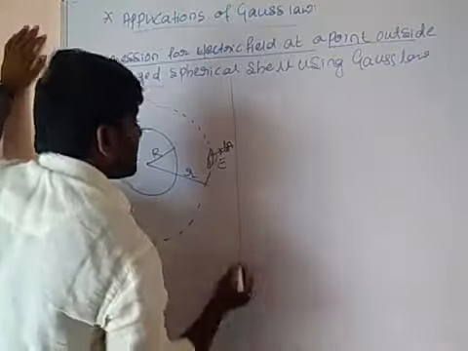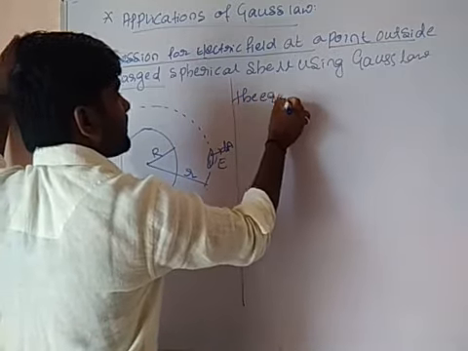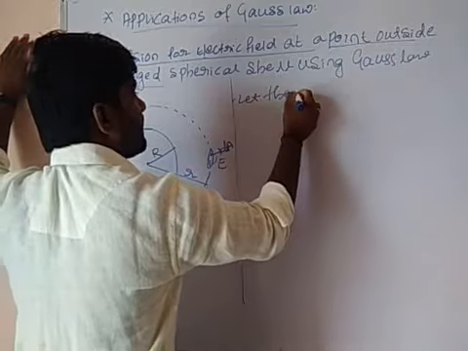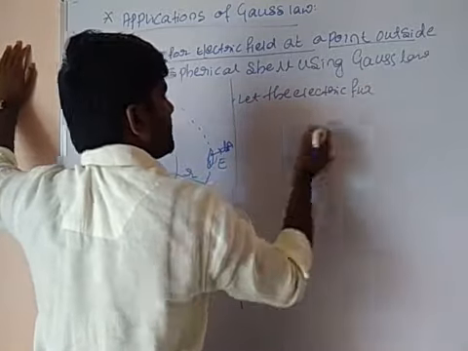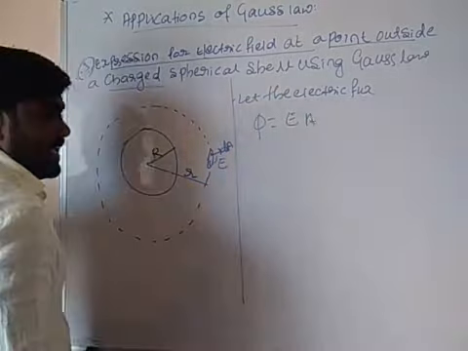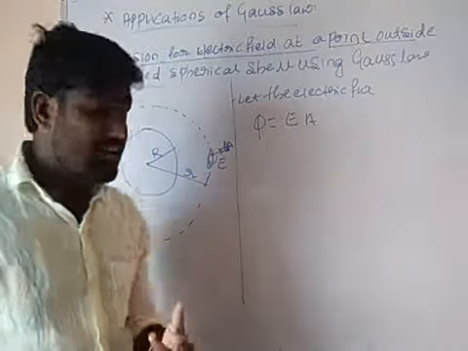Then see here, the equation of electric flux. What will be your electric flux? Same, phi is equal to E into A. What is the area of a sphere? It will be 4 pi r square.